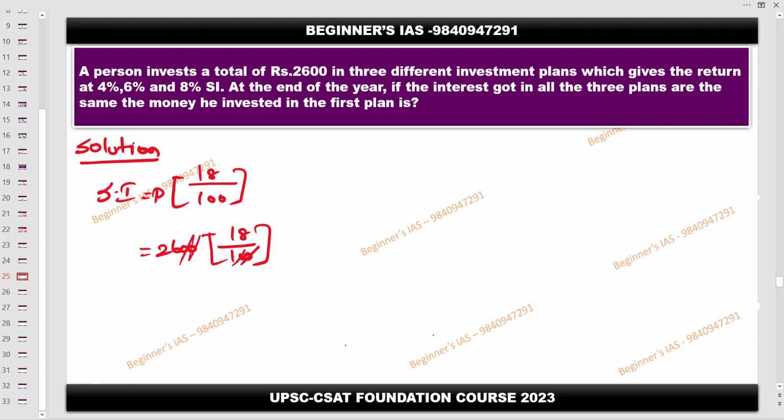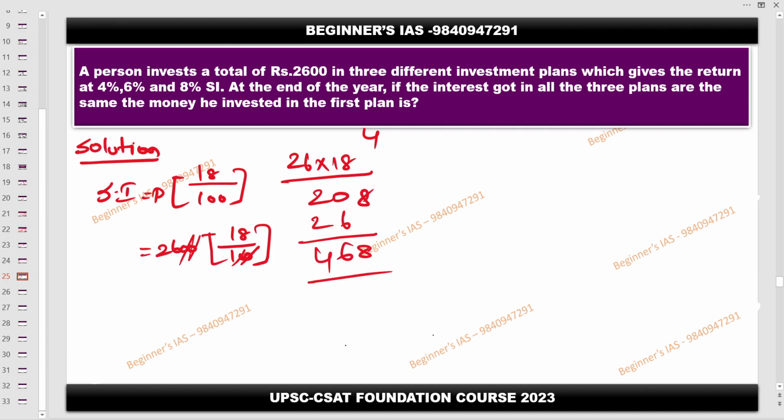Then check what is 26 into 18. 26 into 18, 4 8 16, 468.